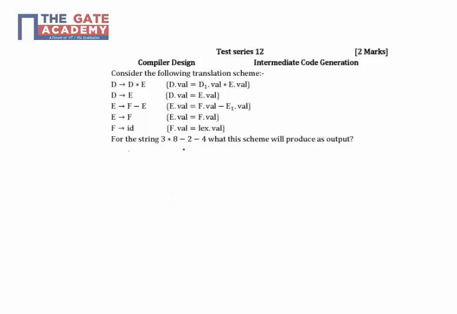So the parse tree will start from node D. First of all we'll have to go from D to D * E. Star we want on the left hand side of the string, that means from D we should have the lex value or id.